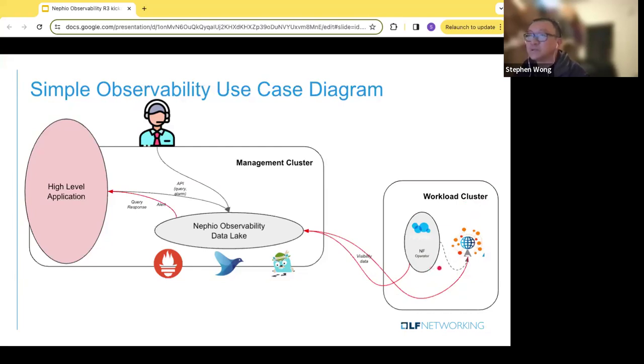A, expose it, and B, send it back to the management clusters, because obviously we're not asking users to individually log into every single workload cluster and check the status and the metrics. And in that sense, even though most of our workload clusters are not really far edge, we do have a sufficient amount of storage, memory and CPUs on a lot of the workload clusters.